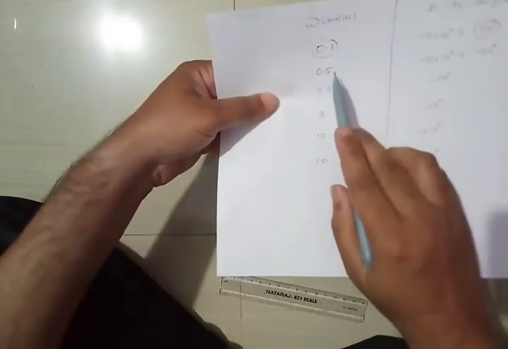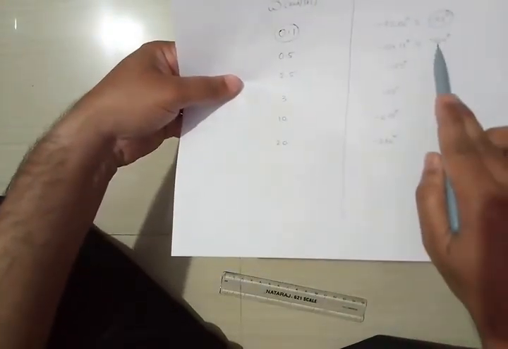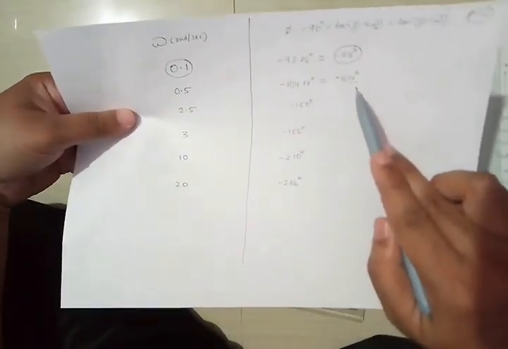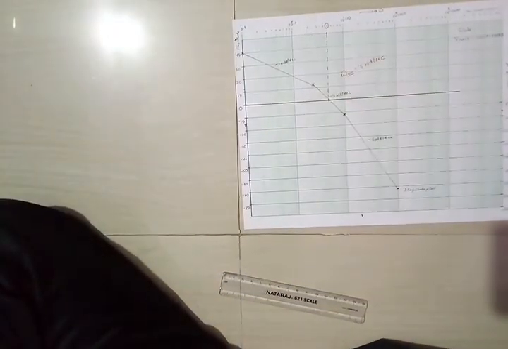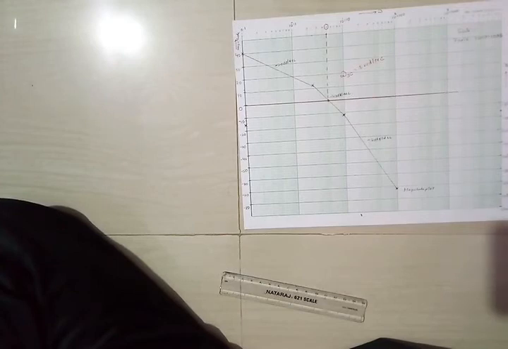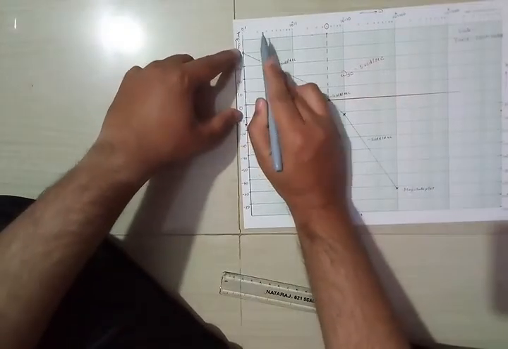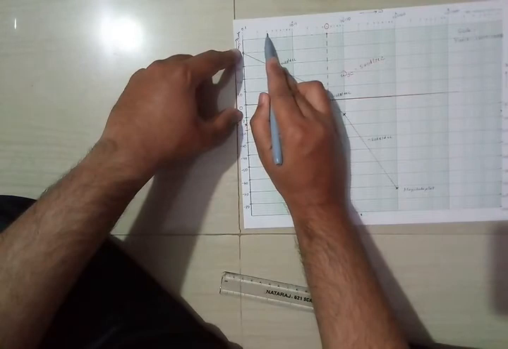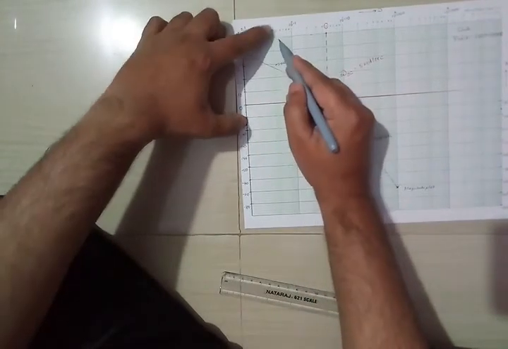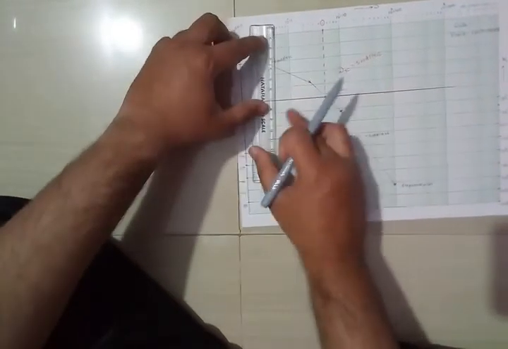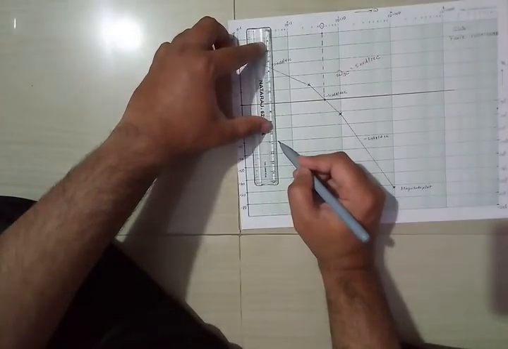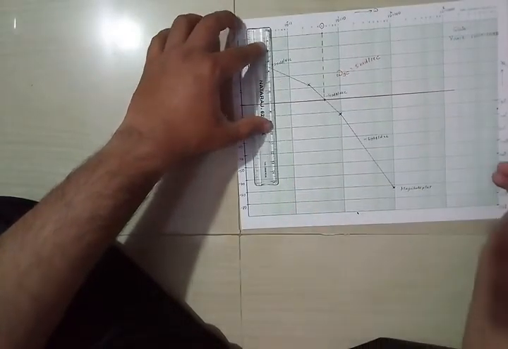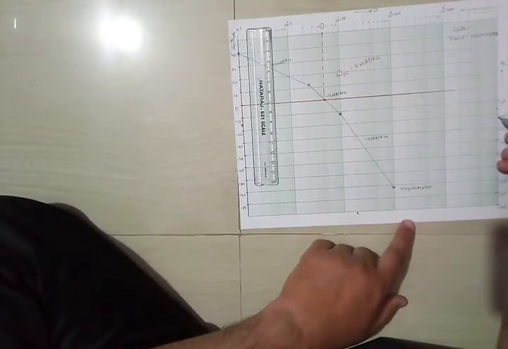Similarly, for the second case, when omega is equal to 0.5, the angle which we have got is minus 104 degrees. That means for omega equal to 0.5, this is 0.1, 0.2, 0.3, 0.4, this is 0.5. So at 0.5, the angle which we get is minus 104.